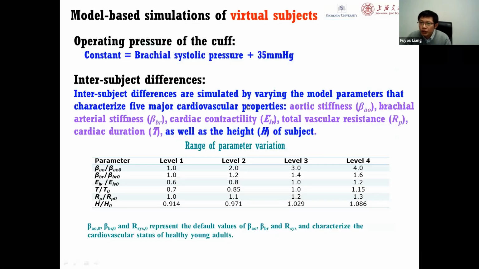And further, we use our model to simulate a large population, because collecting data from a large population is usually time-consuming and expensive. And also for quantitative analysis, it is usually difficult because every subject has his specific cardiovascular condition. So here we use our model to simulate some virtual subjects.